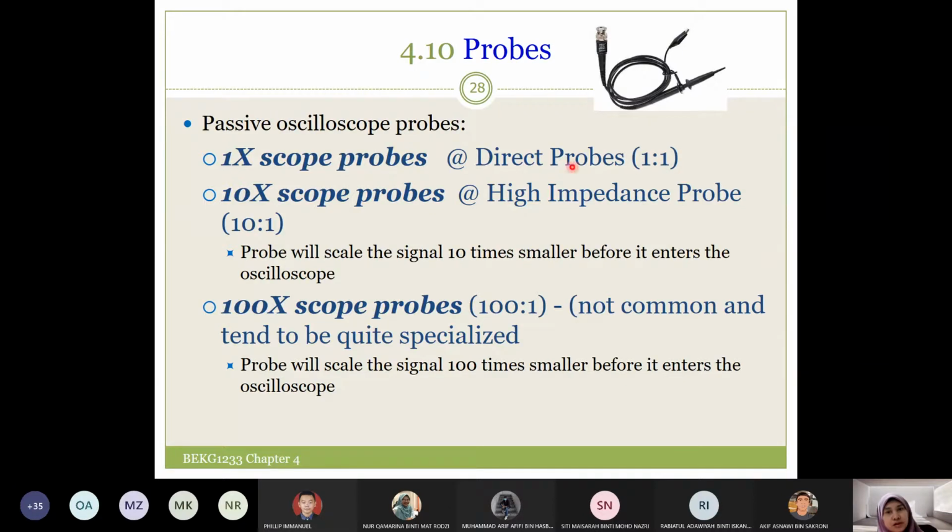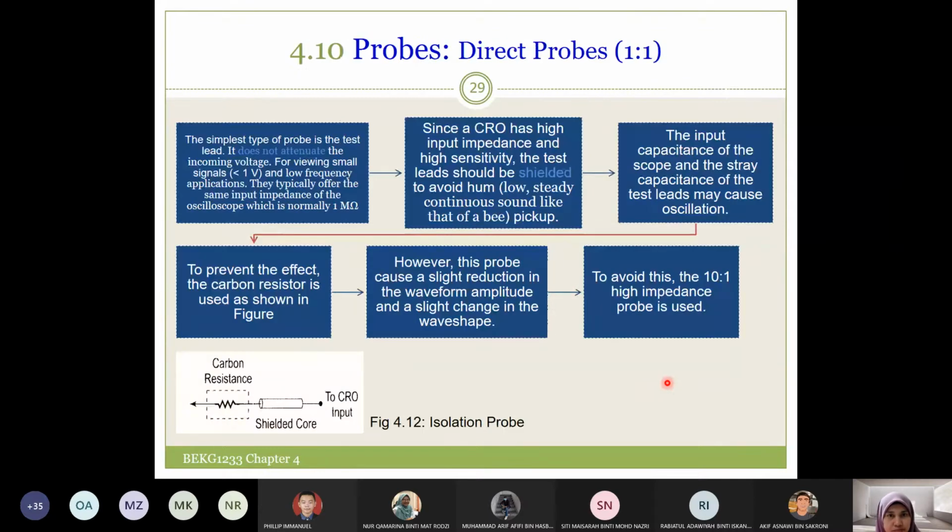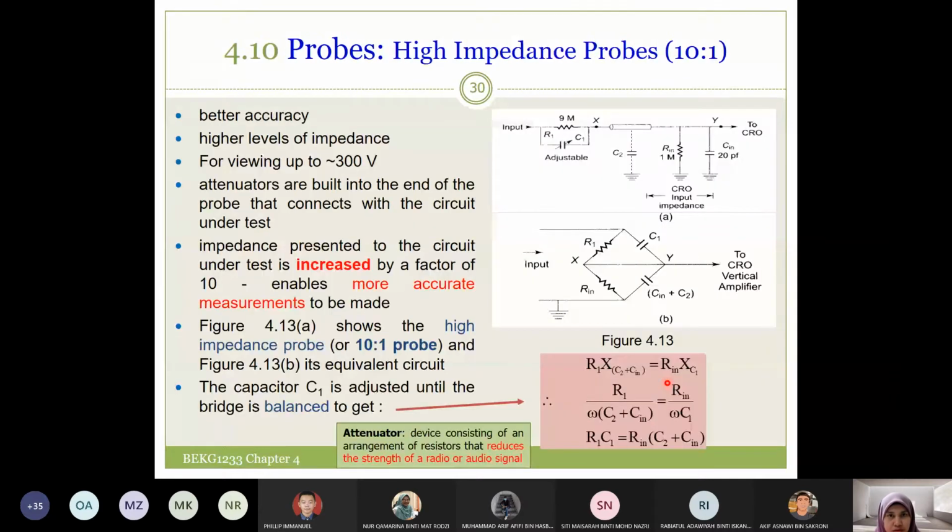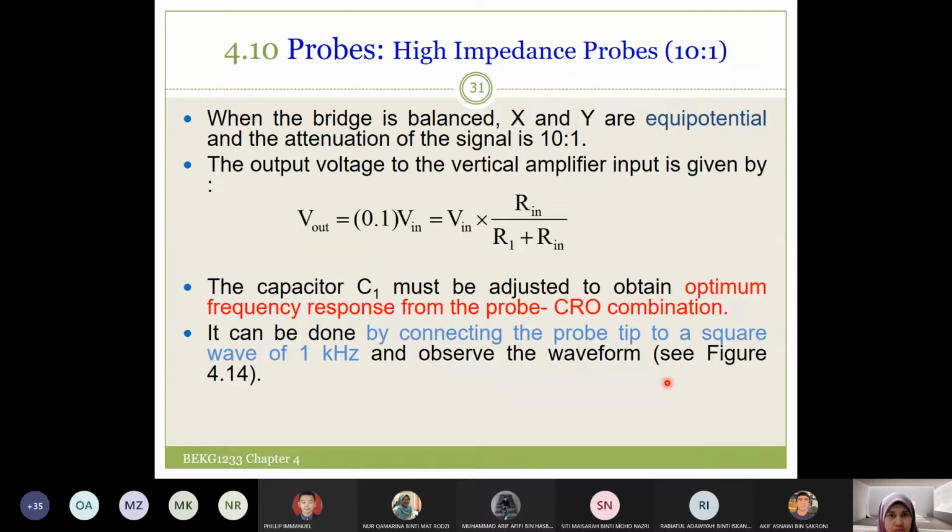Okay, direct probes. 10 times scope probes mean that the probe will scale the signal 10 times smaller before it enters the oscilloscope. Same goes for 100 times. It will scale 100 times smaller before it enters the oscilloscope. Okay, these are the explanations on each probe.